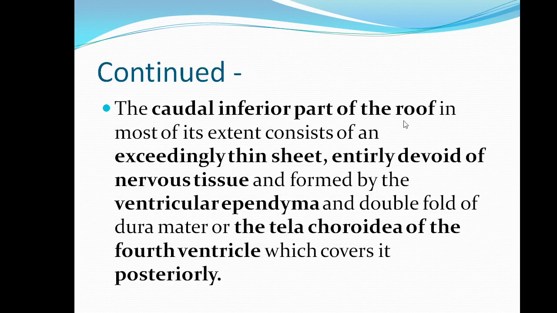The caudal inferior part of the roof, in most of its extent, consists of an exceedingly thin layer entirely devoid of nervous tissue and formed by the ventricular ependyma, and a double fold of pia mater, the tela choroidea of the fourth ventricle, which covers it posteriorly.